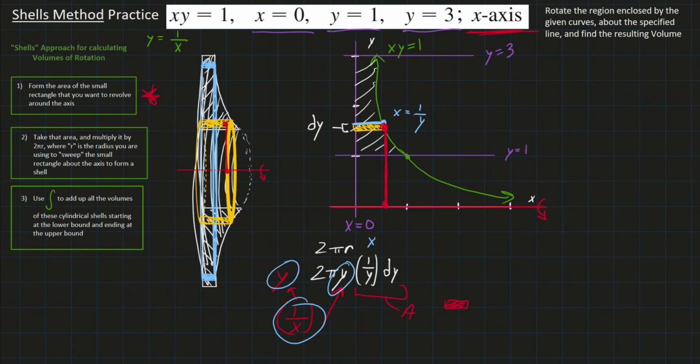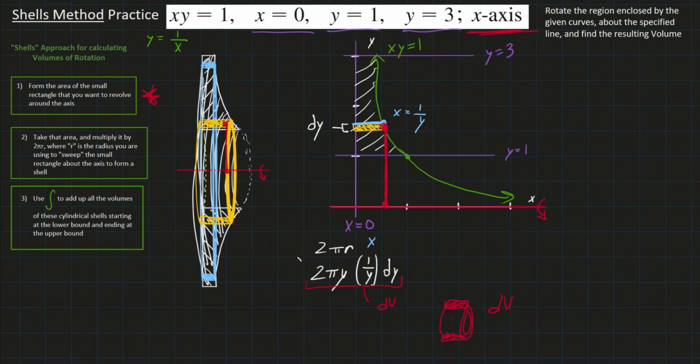And in this case, just slapping y right there is fine. That may feel weird, so I just want to make sure I really address this. So 2 pi r is y, and times 1 over y times dy, that'll give me the complete volume of one of our very thin cylindrical shells, dV.